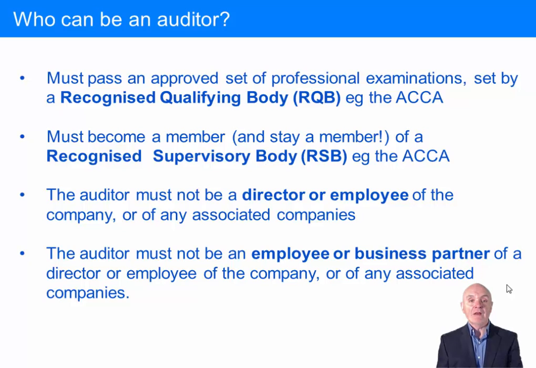Auditors may not be directors or employees of the company. They have to be independent, really, from that. And they are not allowed to be an employee or business partner of a director or employee of the client.